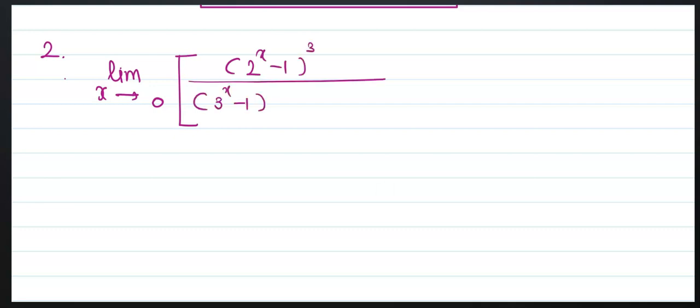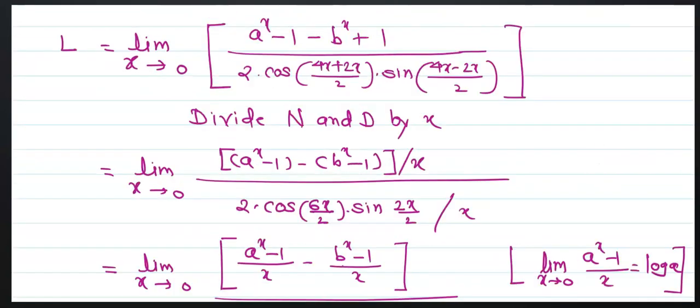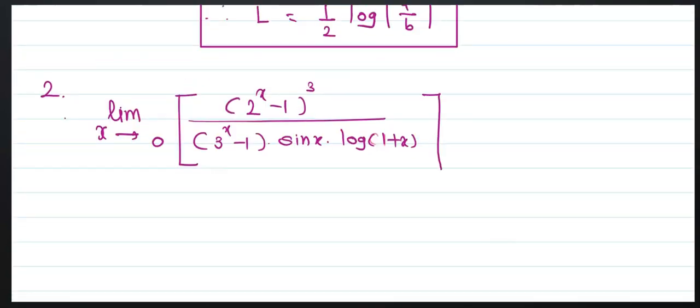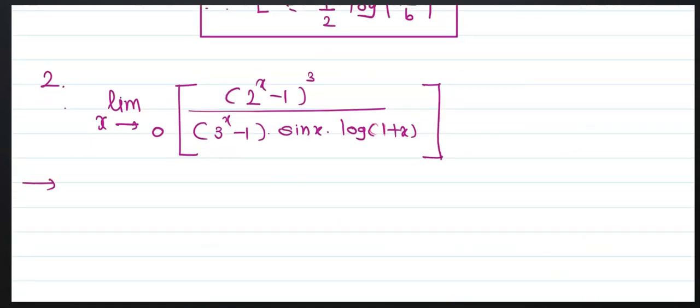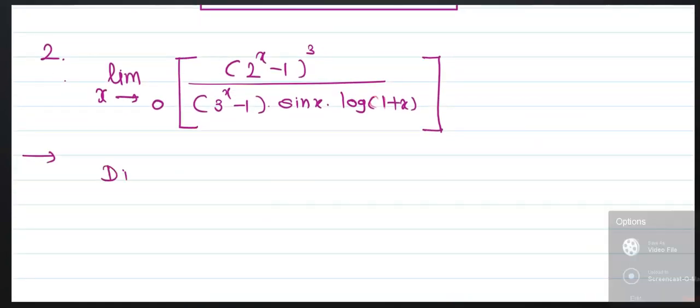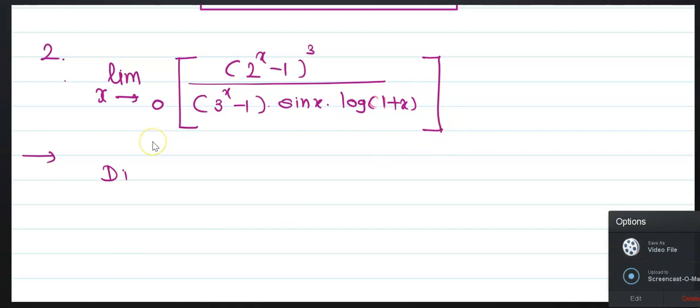That is it. Problem number 2. Limit x tends to 0, (2 raised to x minus 1) bracket cube upon 3 raised to x minus 1 into sin x into log of 1 plus x. Everything is adjusted.